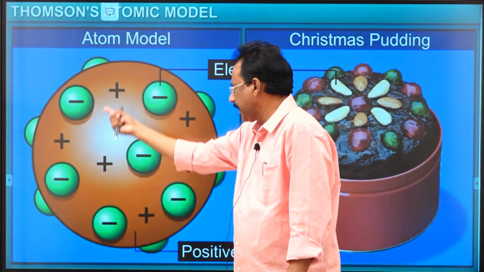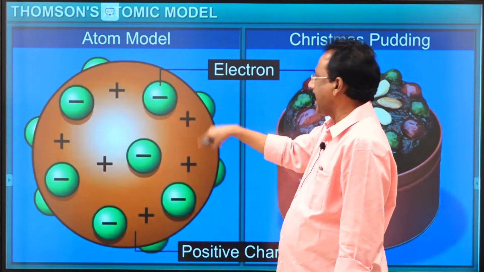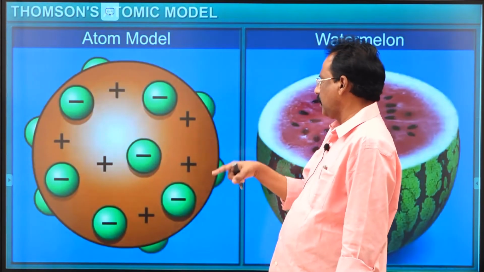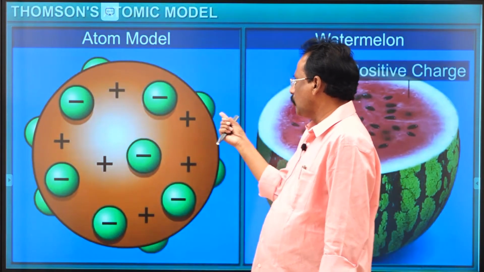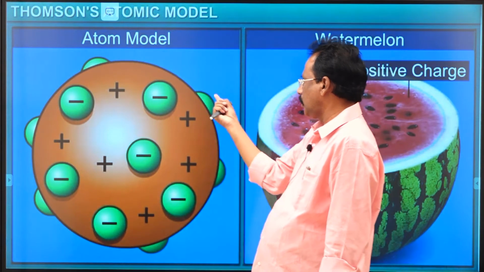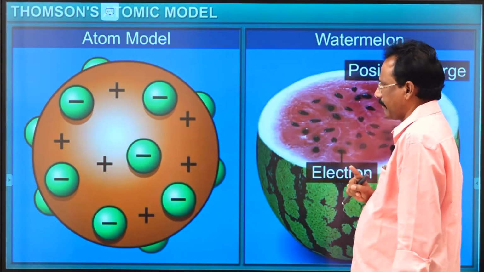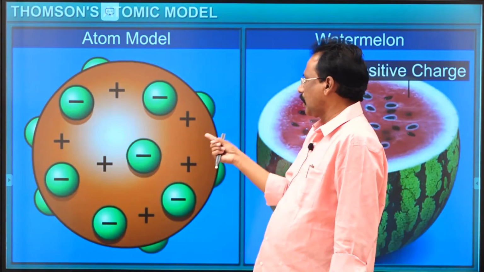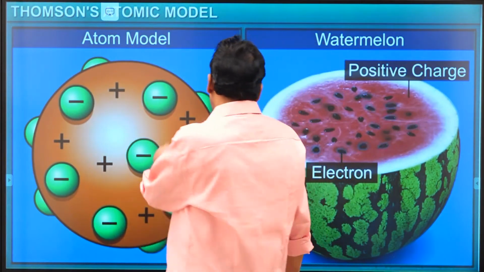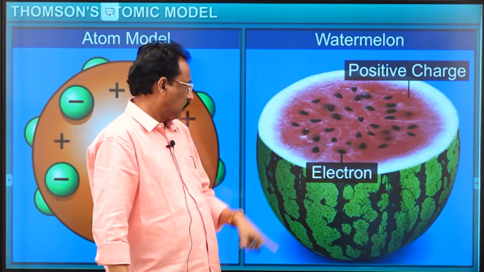The atom is spherical in shape, in which the positive charge is distributed uniformly throughout the sphere. That means protons are distributed uniformly throughout the spherical shape of the atom. In that positive charge, negatively charged electrons are embedded like seeds in a watermelon.